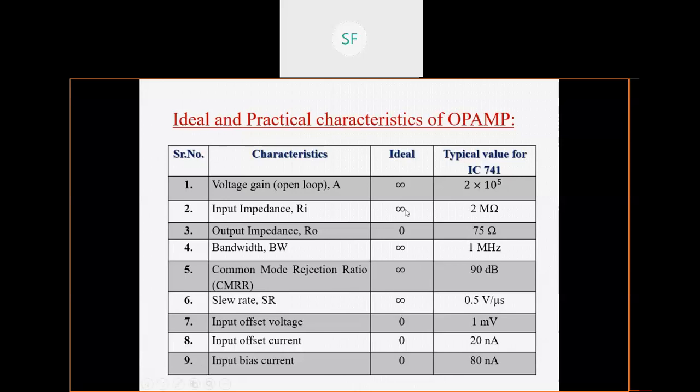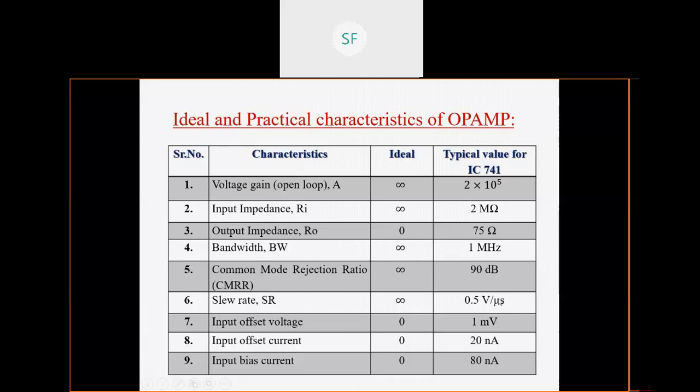You just have to ask one question only: do you want this parameter maximum or minimum? Suppose you want any of these parameters maximum, then we will say that the ideal value of that particular parameter is infinite. If you want your parameter to be minimum, then the ideal value should be 0. So there will be no problem as far as ideal values are concerned. But you should remember these values.